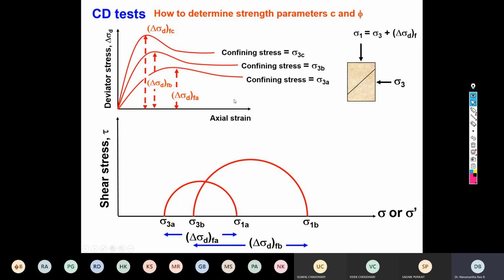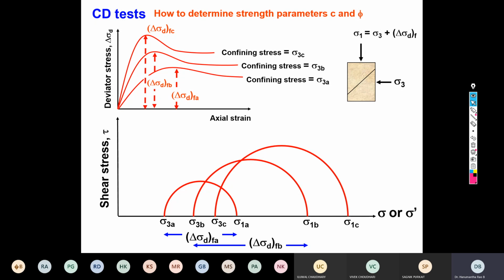So 3 samples were subjected to 3 CD tests. From this stress strain diagram, we know the deviator stress and we know the normal stress. The shear stress we know, the normal stress we know. So once sigma 1 and sigma 3 are known, one can construct the Mohr circle diagram. So these are the 3 Mohr circles.